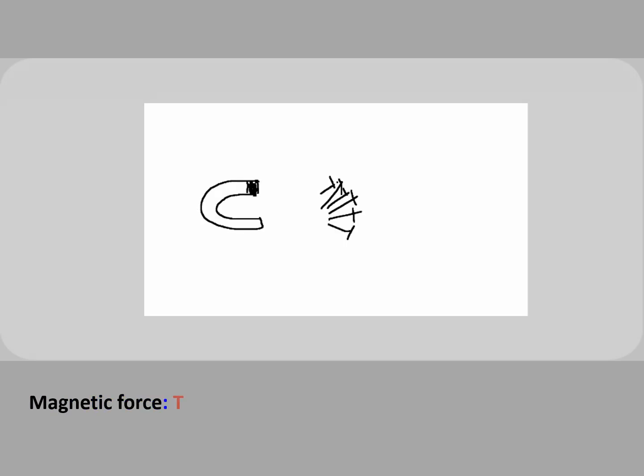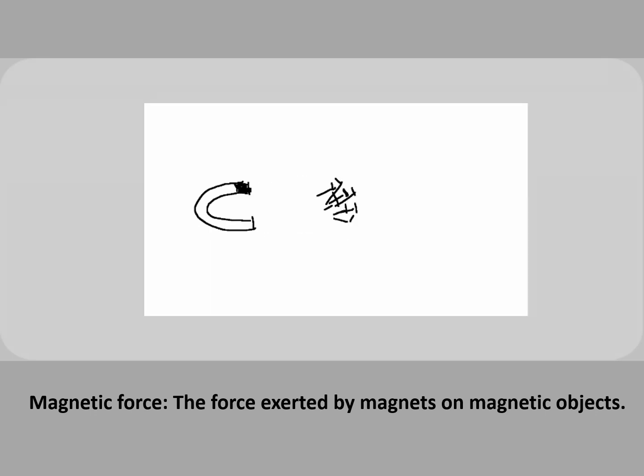Here also we see that when a magnet is brought near iron nails, the iron nails get attracted and attached to the magnet. So the magnetic force is attracting the nails. So we call this magnetic force.